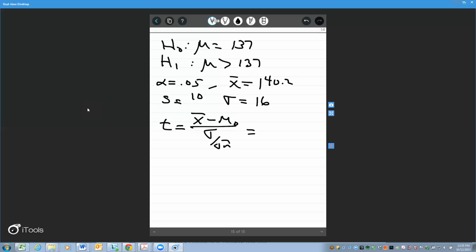It is 140.2 minus 137 over 10 over the square root of 16.